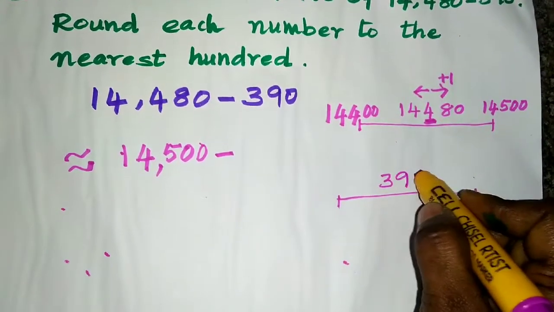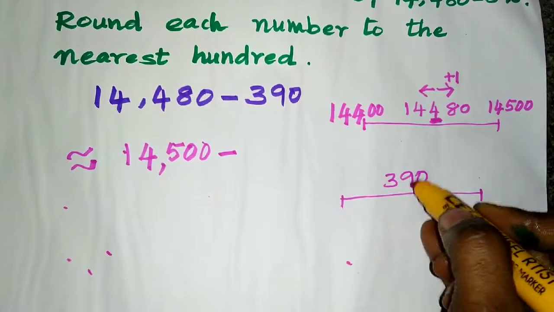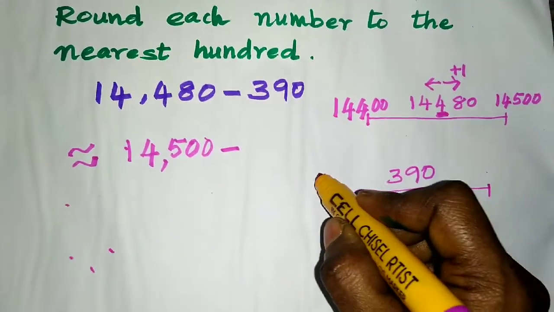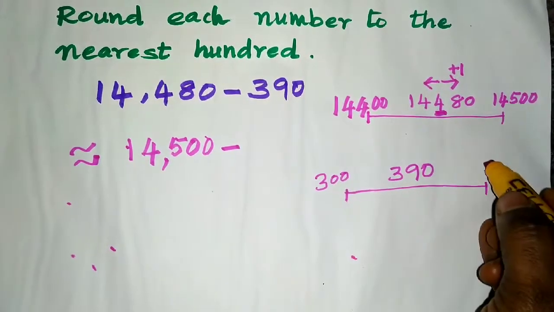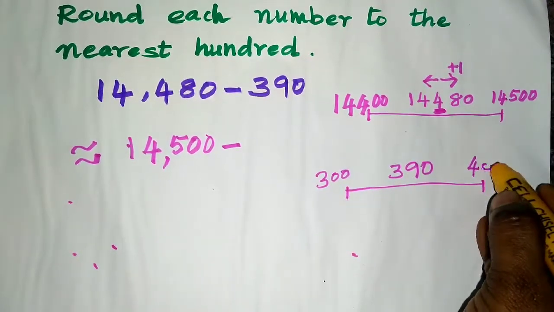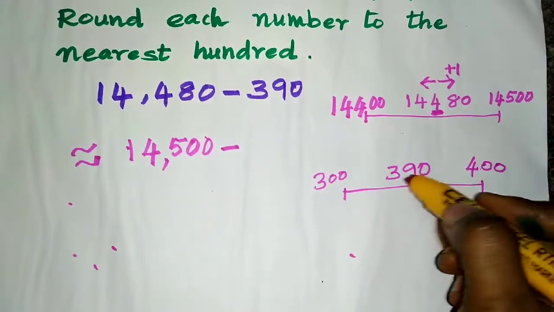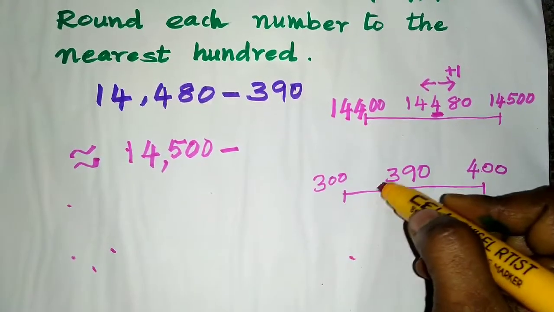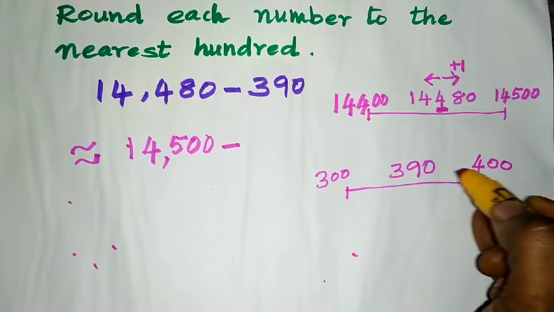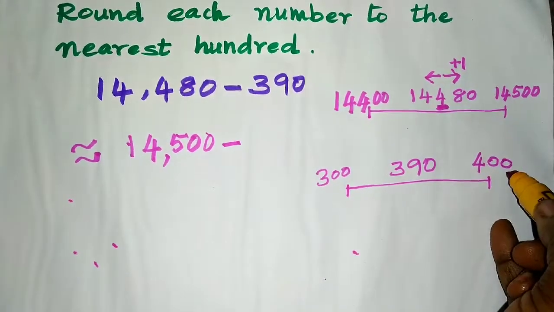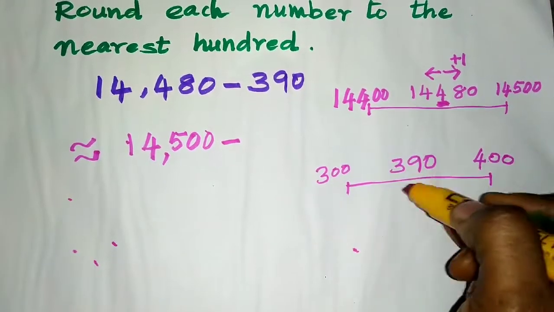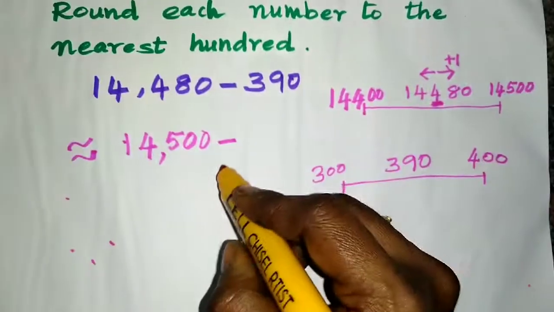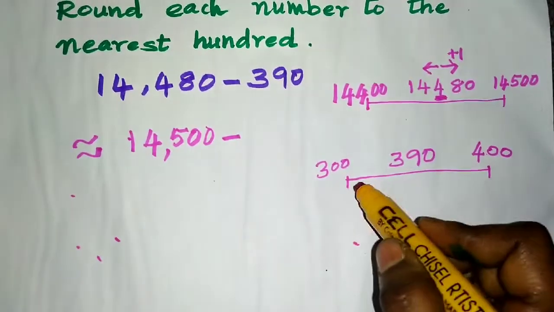Here we have to round off the value in the hundreds place. In ones and tens place, we know we have to put 0. Before 390, we have to write the hundreds place the same. After 390, we have to add one more value in the hundreds place to round off the value to the nearest 100. So you get the answer as 400. Now consider 300, 390, 400.